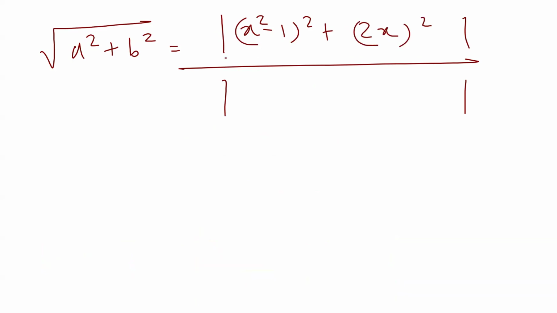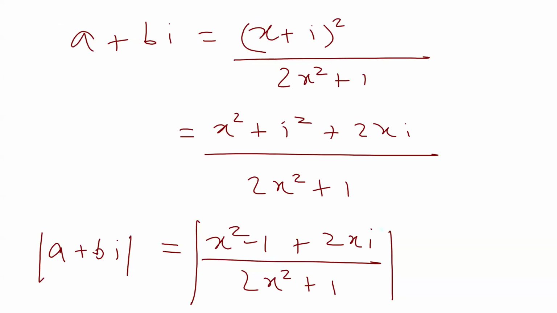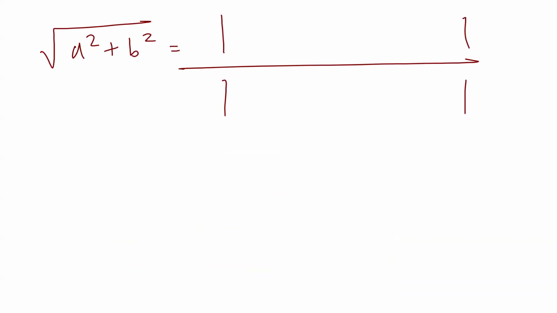Oh, sorry, I'll just do this thing in the next step. I'll just write down this entire term in the modulus first. x square minus 1 plus 2xi, and down it is 2x square plus 1 plus 0i.